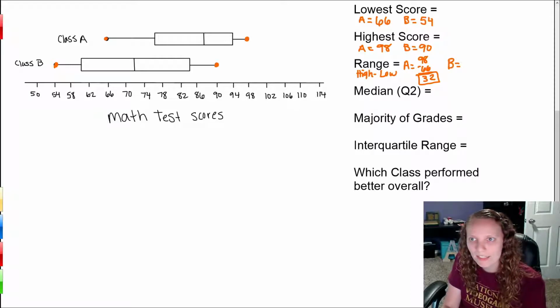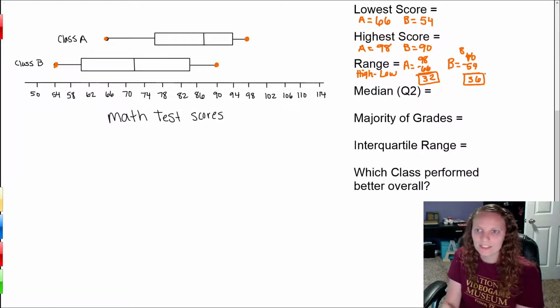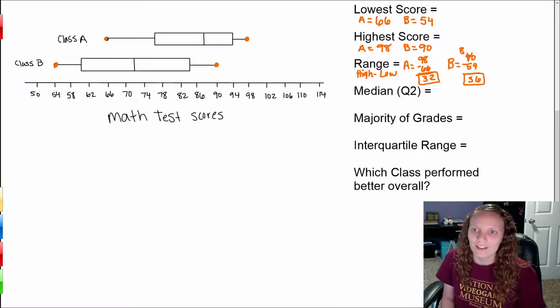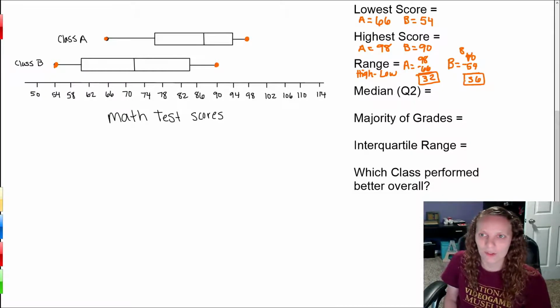Class B's high score was 90 minus their low score of 54. 10 minus 4 is 6, 8 minus 5 is 3, so B's range is 36. So Class A had a difference from the lowest to the highest of 32 points. Class B had a difference from the lowest to the highest of 36 points.